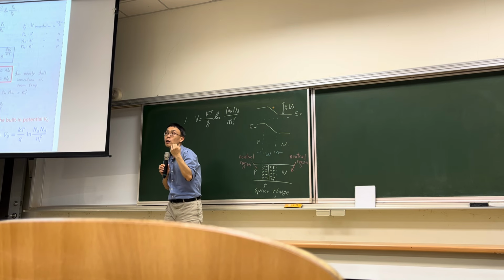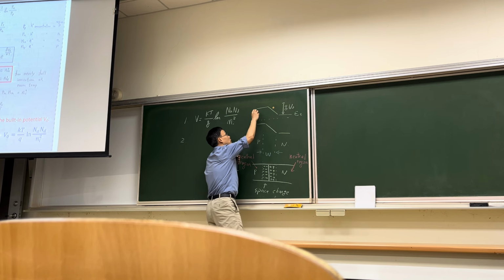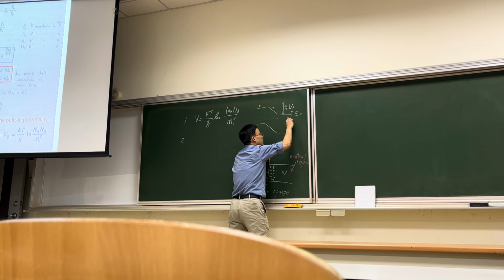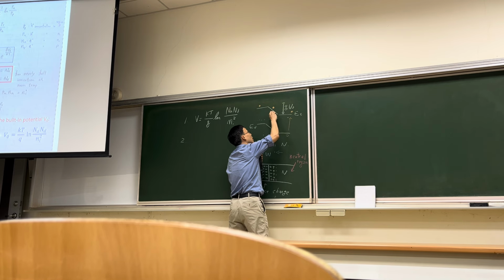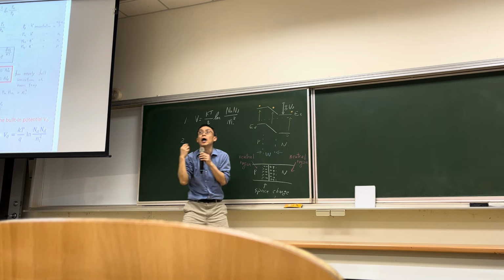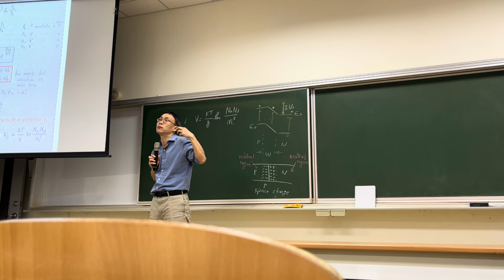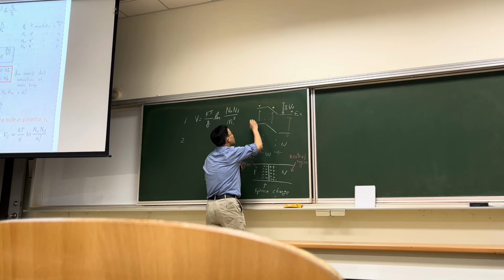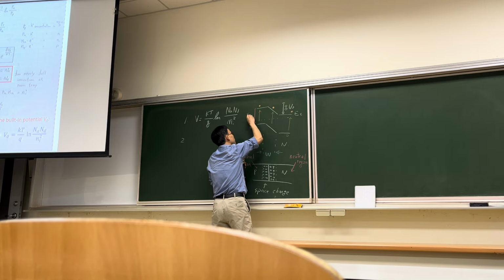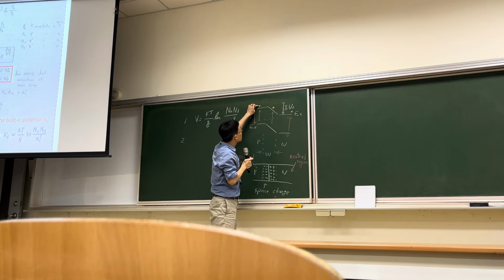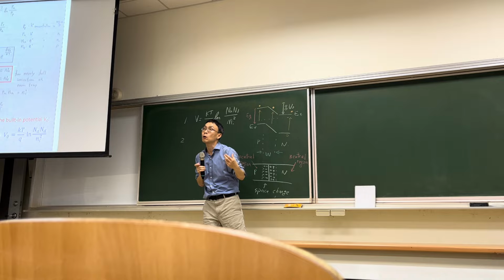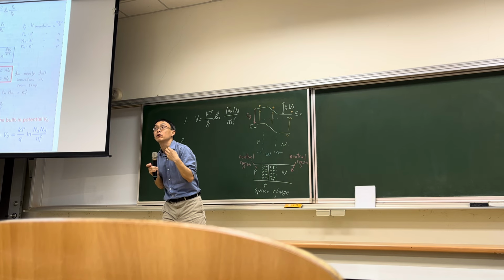You can also excite the electrons in the neutral region, like in the P region or in the N region. Excitation can happen anywhere as long as the photon energy is larger than the band gap. This is the band gap. But these electrons and these electrons are useless. Why? Because they are not moving anywhere due to the lack of electrical fields.